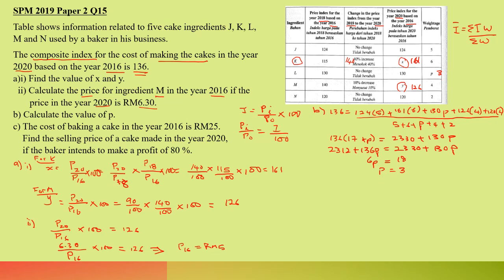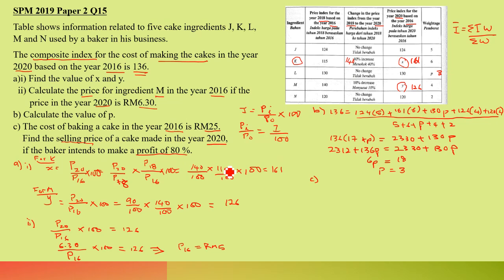Okay, and the final part, part C. They say the cost of baking a cake. So you need all these ingredients to bake a cake. So the cost for 2016 is given as 25 ringgit. So they ask you to find the selling price for 2020 if you want to make a profit of 80%.